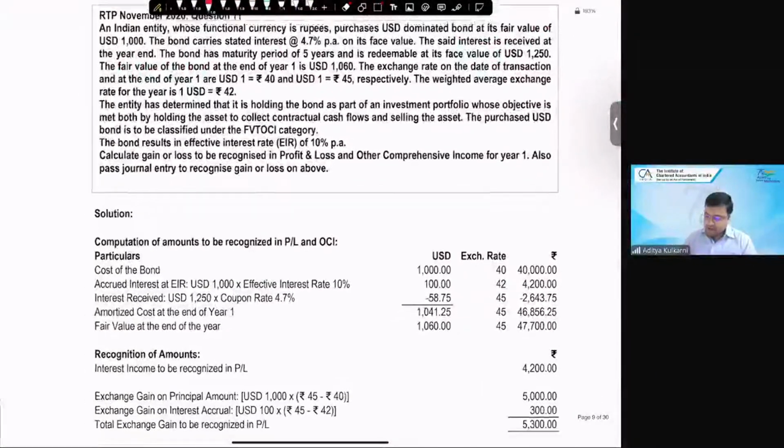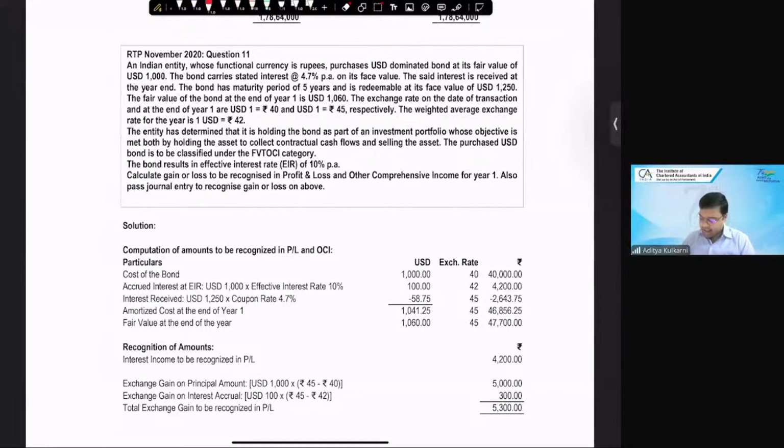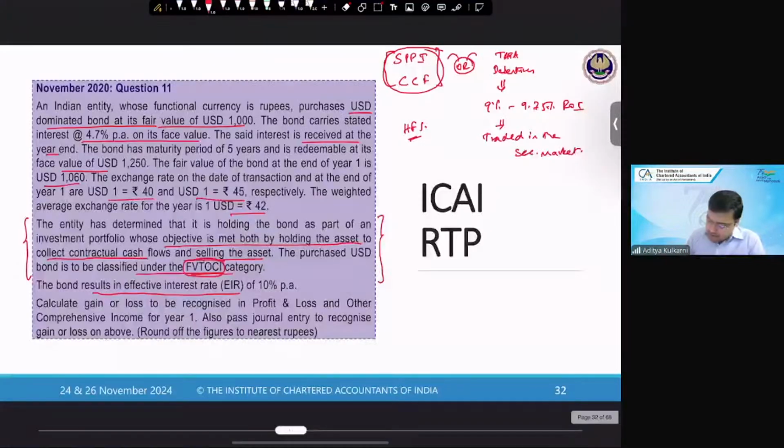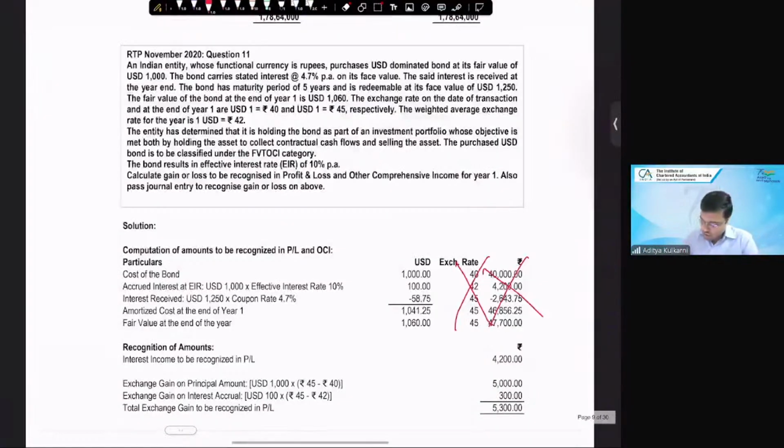First of all, forget the exchange rate and all. Right now don't focus on that because that is the easiest part for you at the moment. See, I have purchased an instrument at the fair value of 1,000. So cost of the bond is $1,000. Are we okay with this?